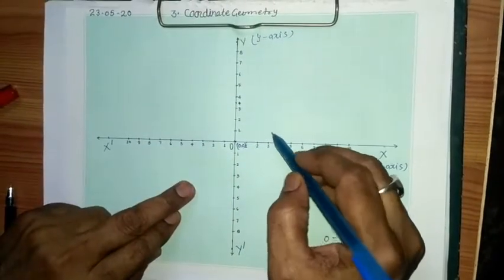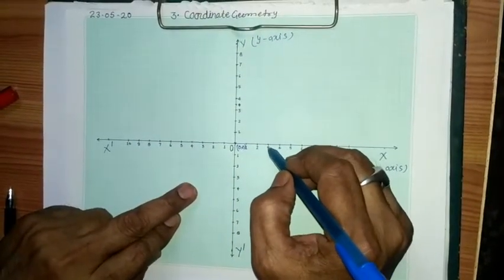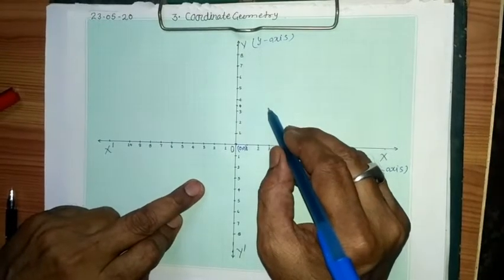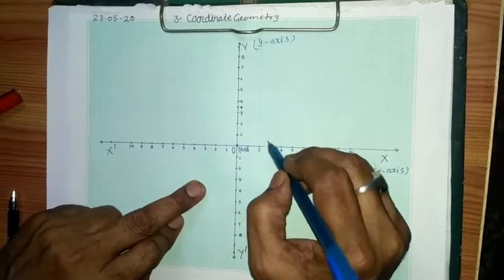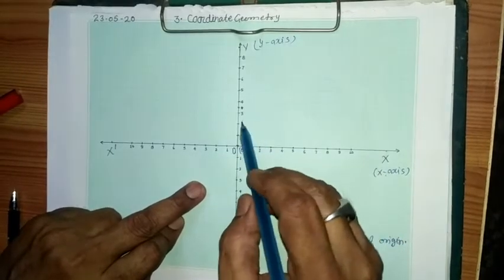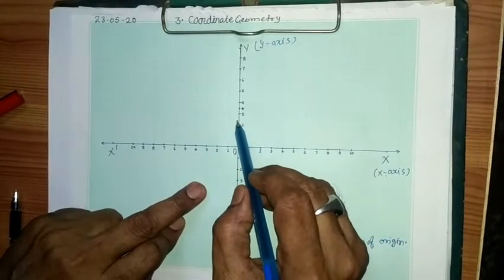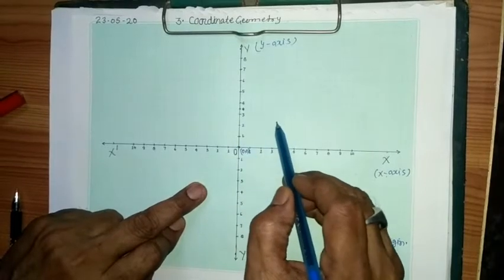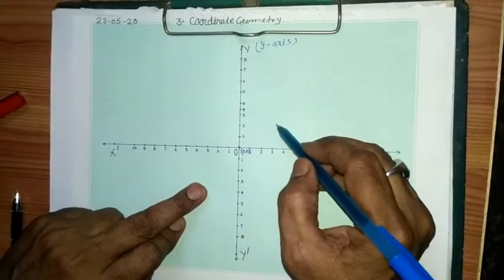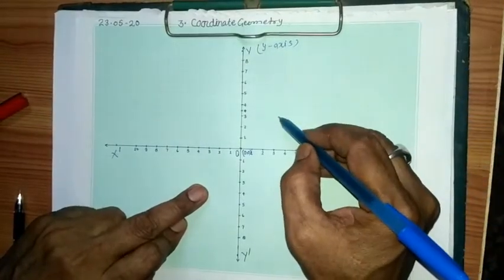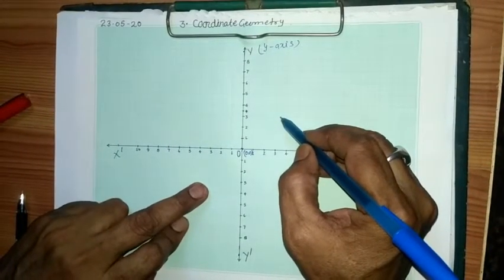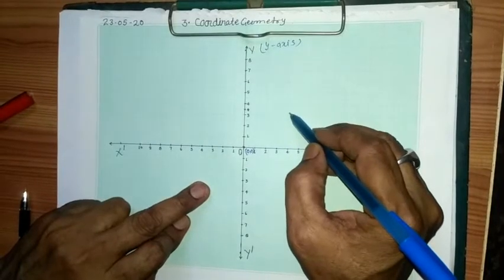The line drawn parallel to the y-axis from a point, and the line drawn from the y-axis parallel to the x-axis, intersect at a point. That point is called the coordinate.